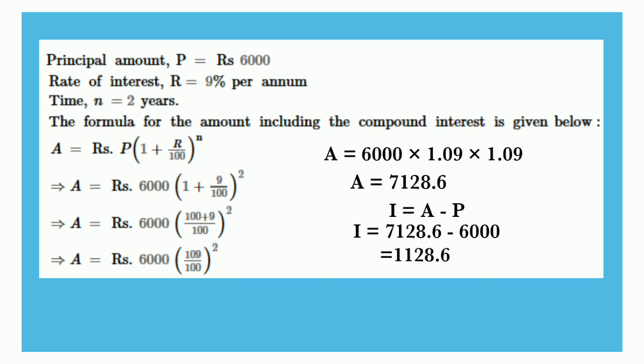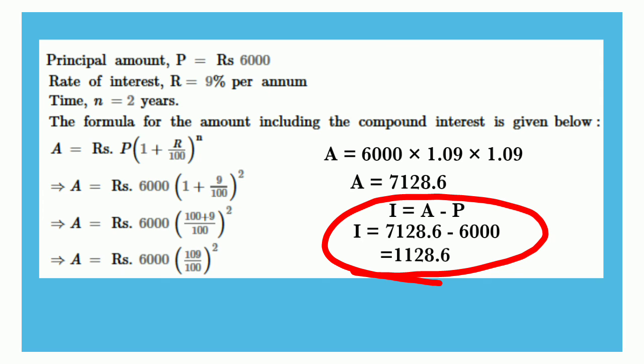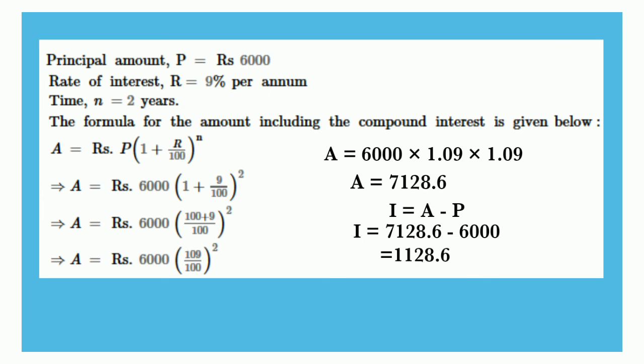So multiply, and you will get A, the last amount after 2 years, 7128.6. Then what is the interest? You can subtract the principal amount from the amount, that is I equals A minus P. So I equals 7128.6 minus 6000, which is 1128.6. This is the compound interest.